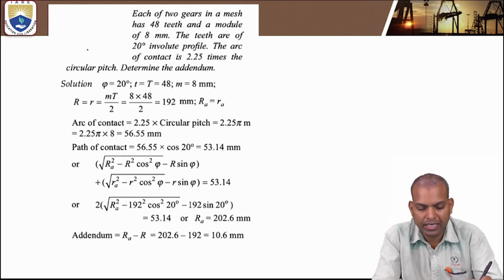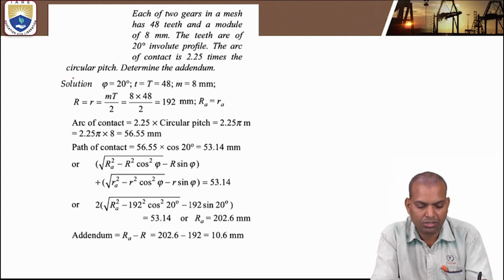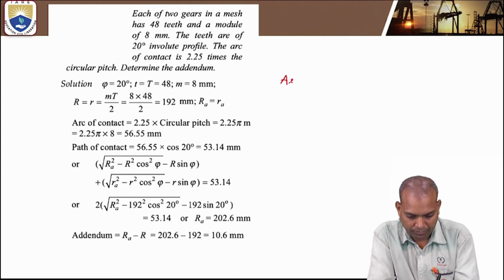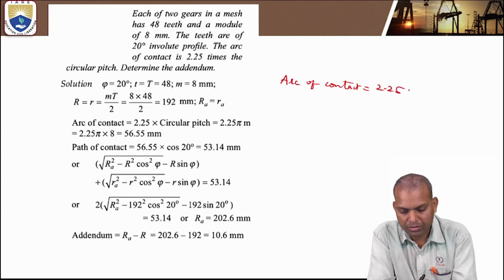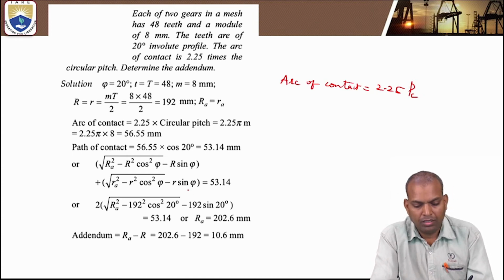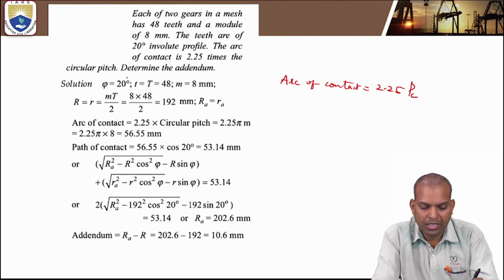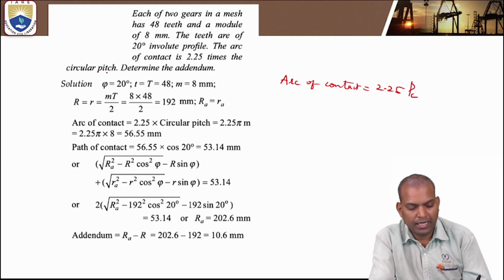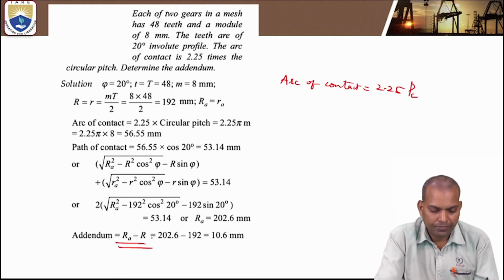The arc of contact is 2.25 times the circular pitch. Determine the addendum. What is the addendum? That is Ra minus R.